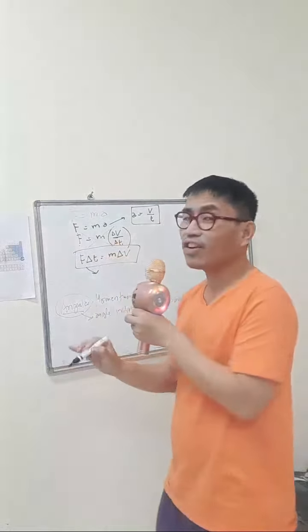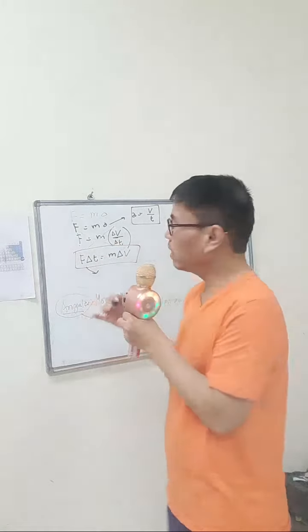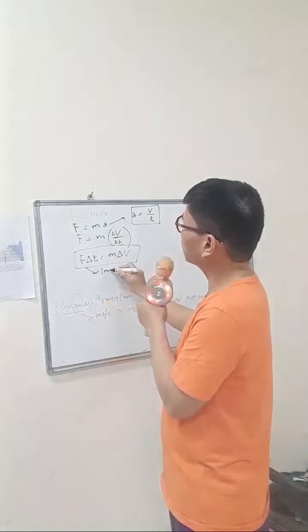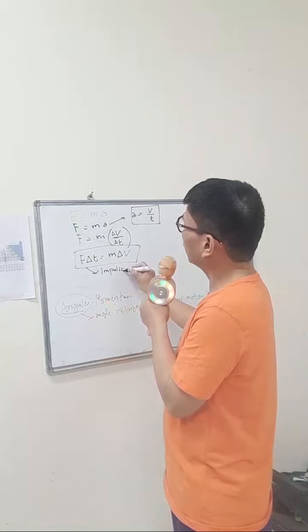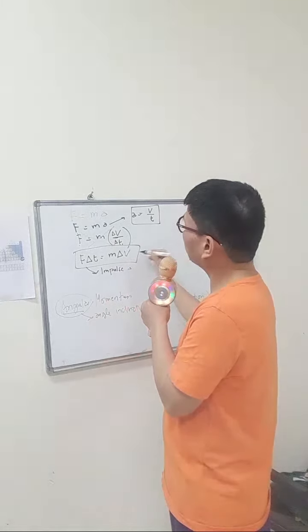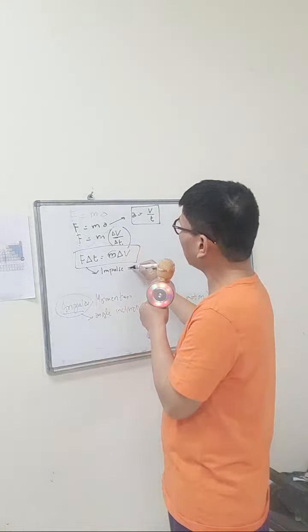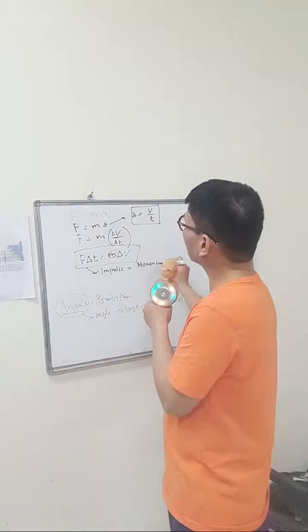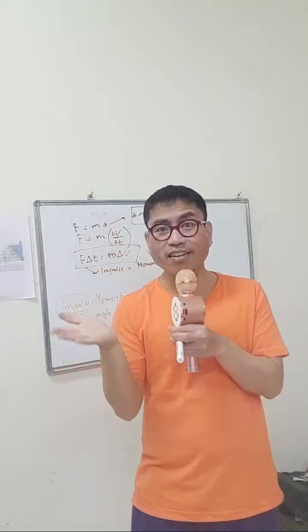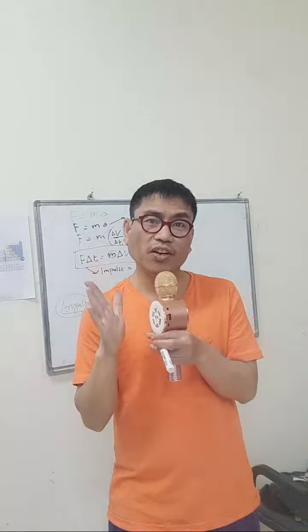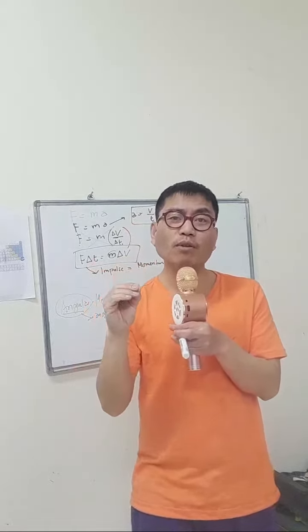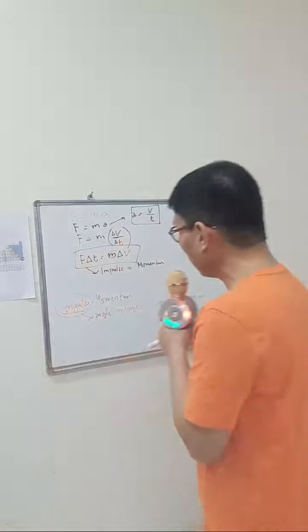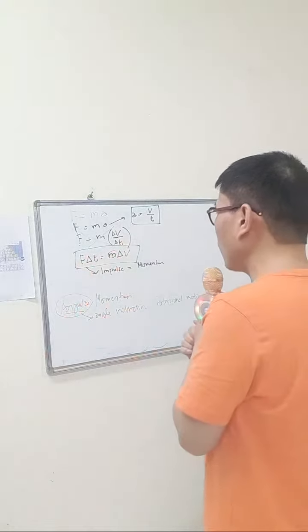Force times the change in time is the impulse. So impulse is equal to the momentum, mass times the change in velocity. Momentum. In the second law of Isaac Newton, it's very clear that the impulse will be equal to the momentum. You get the point?